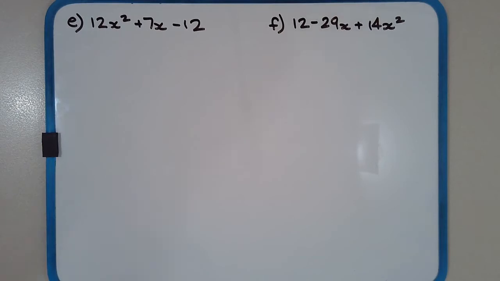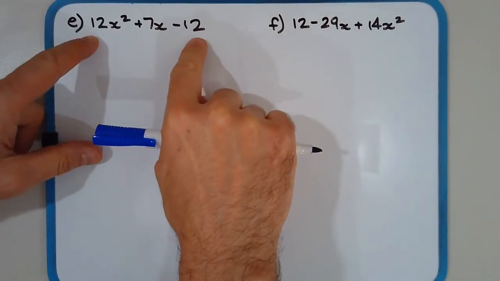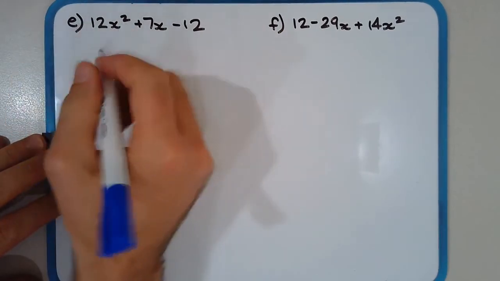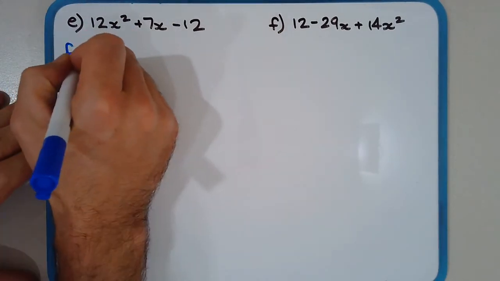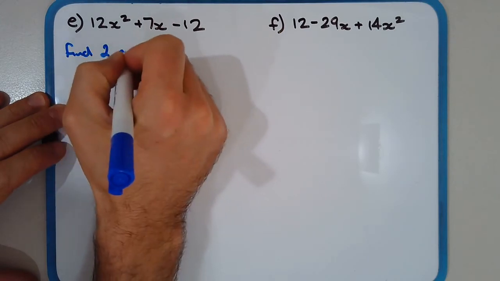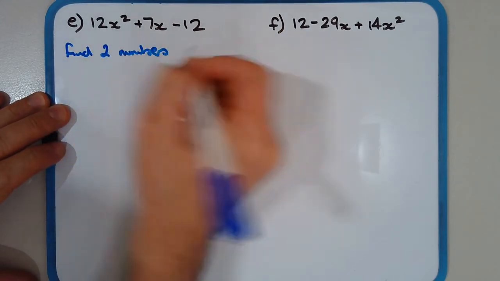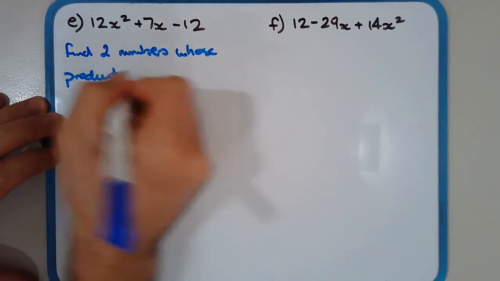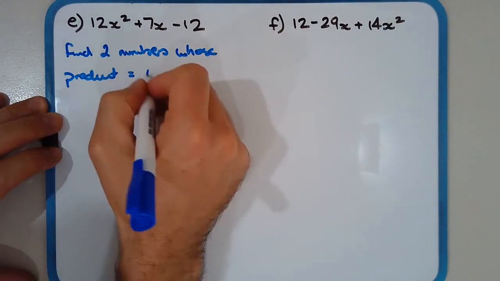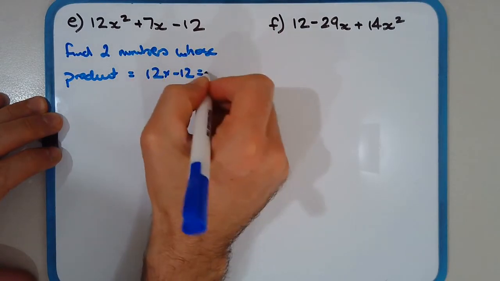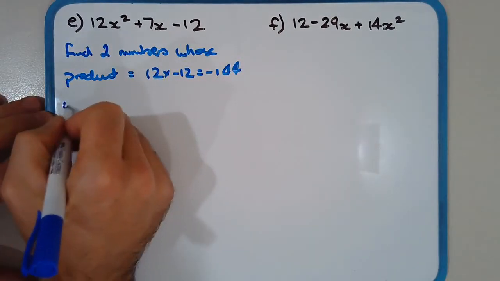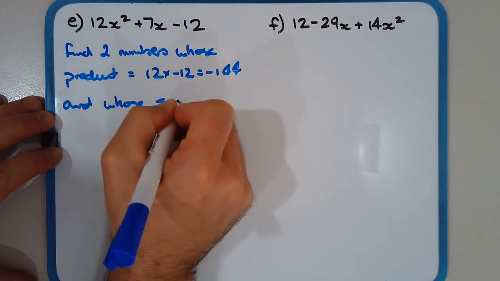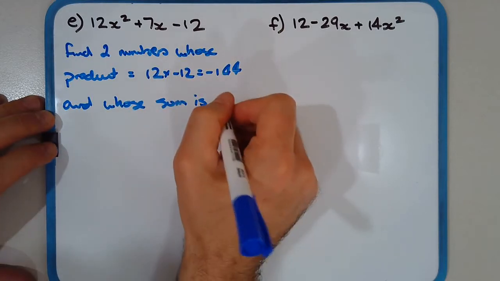What we want to do is multiply the coefficient of the x squared and the constant term together. So what you want to do is find two numbers whose product is equal to 12 times negative 12, which is negative 144, and whose sum is positive 7.